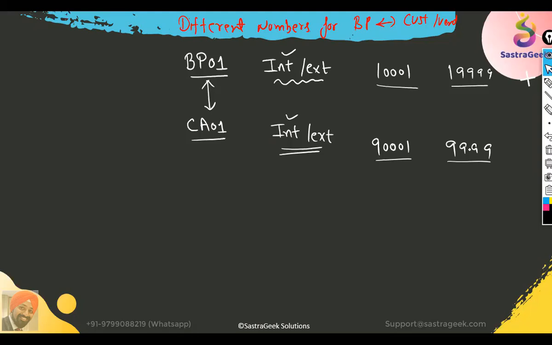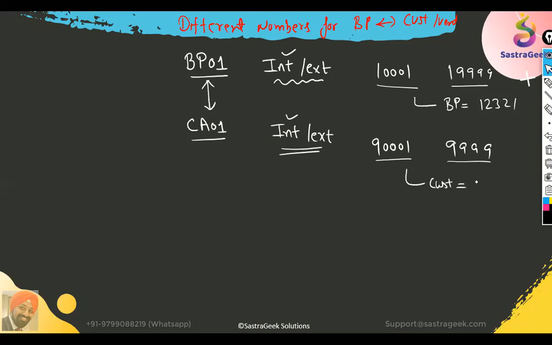The system will say that you cannot tick customer and business partner as the same in this combination because the number ranges are not supported. So you created a business partner, and the system has automatically given the business partner number 12321. Then when you assign it to your FLCU01 role, your customer would be created.